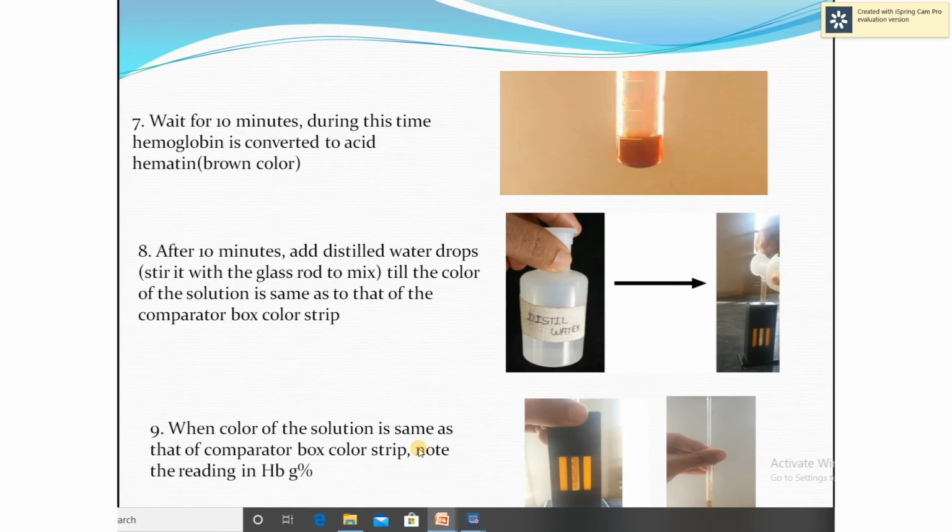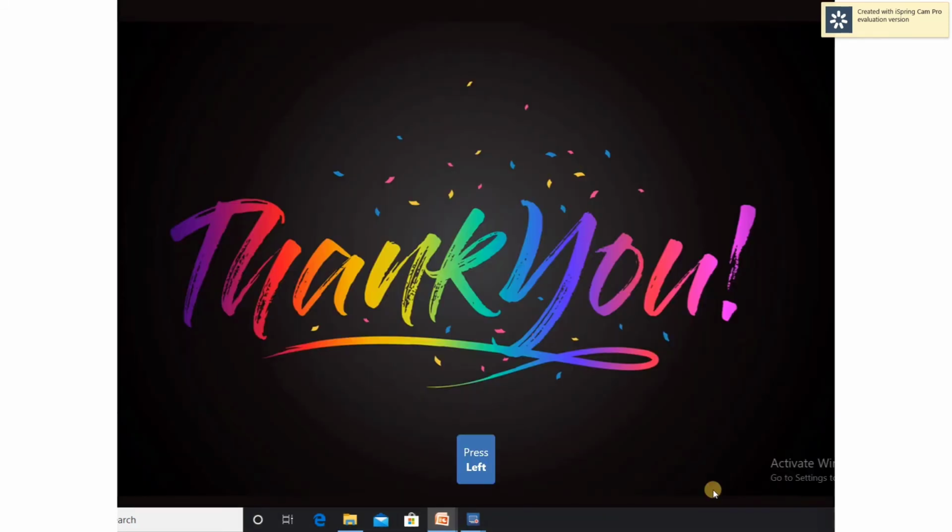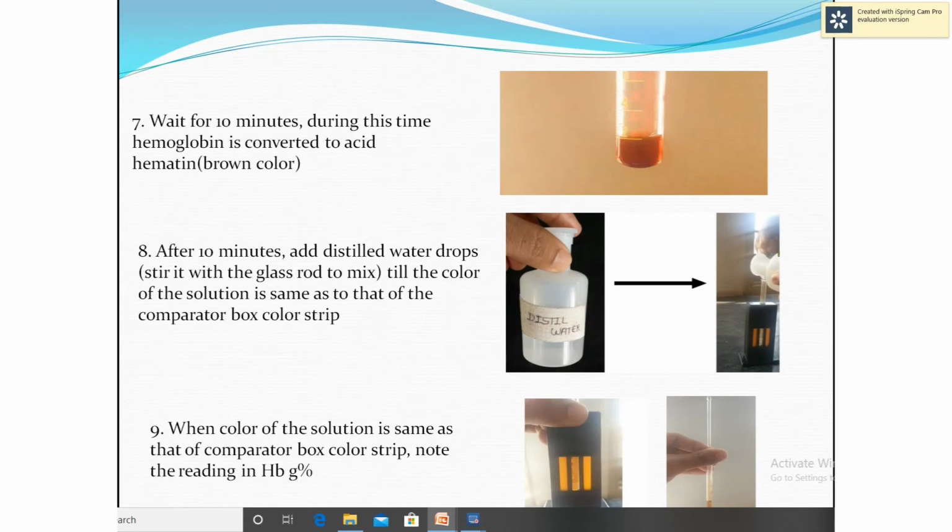When the color of the solution is the same as that of the comparator box color strip, note the reading in hemoglobin gram percent. This graduated tube has markings, and in the gram percent part you'll have to note that marking. This is how you will take your hemoglobin level.